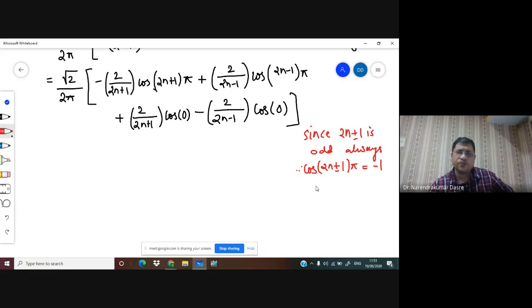Cos of 0 we know also, cos of 0 is equal to 1. So we know cos of 0 is going to be 1, and these terms are going to be minus 1.